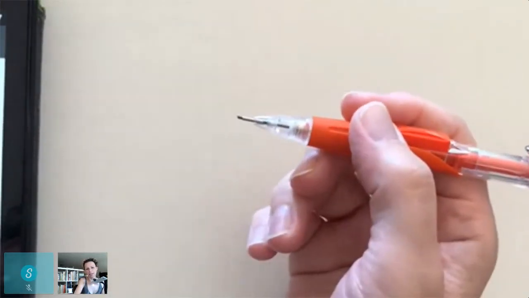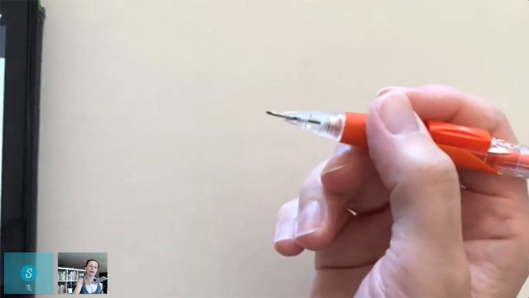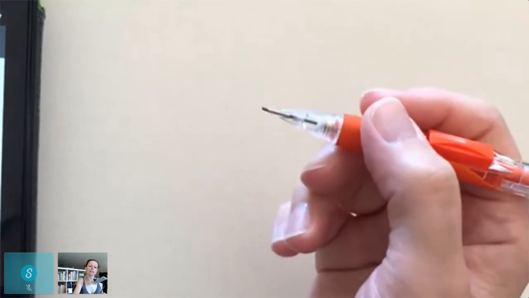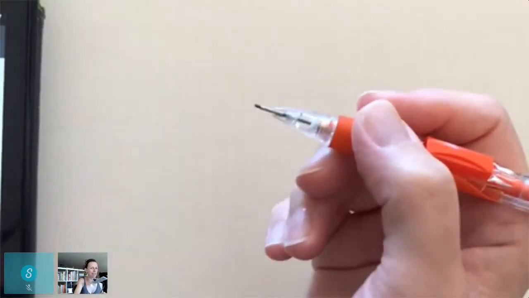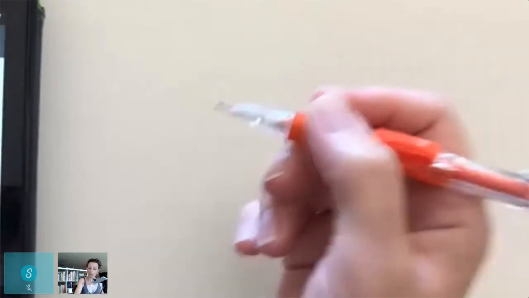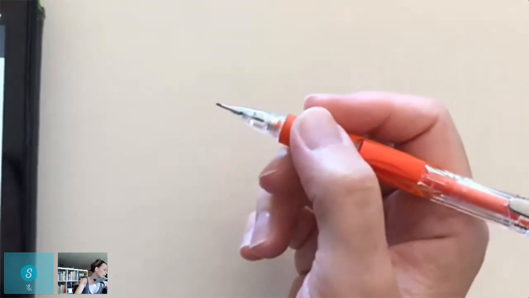It's an H lead, which allows for some very light strokes because it's a pretty hard lead. H is fairly hard. I've got my little pencil case here with all my pencils that I carry everywhere in my purse every day.